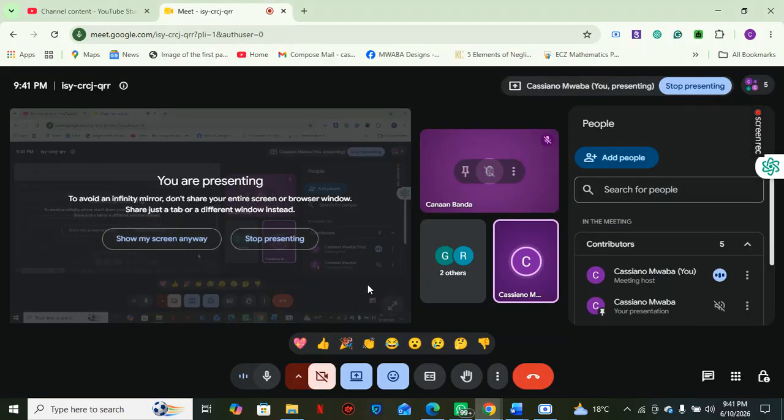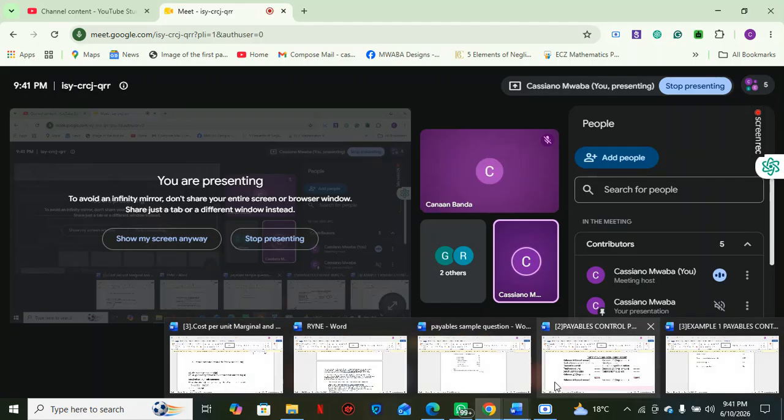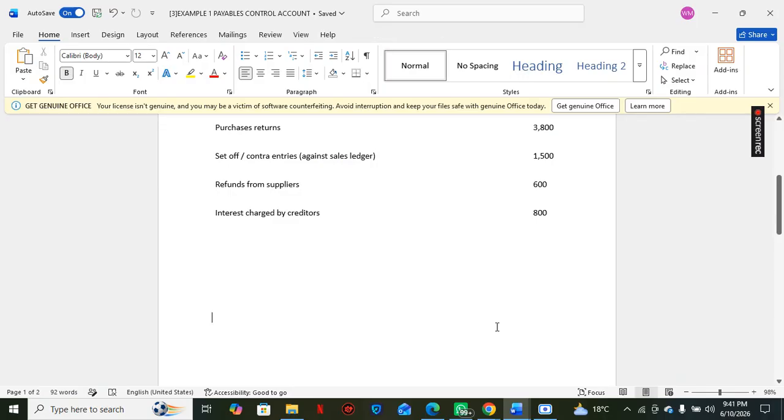for example, as I said, Mr. Canaan, you owe me. So we say Mr. Canaan owes Mr. Muava 1,000.